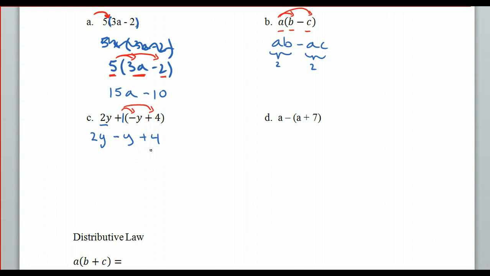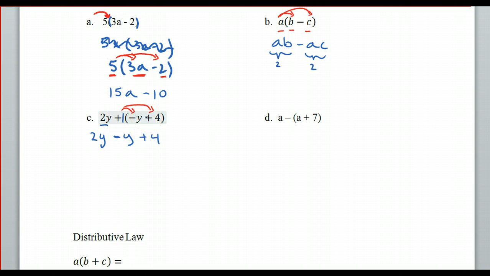Okay, so the key thing, and most of you already know, when you have a positive and a negative next to each other, you're going to end up with a negative. So nothing really changed in this question. I just rewrote that negative y and the plus 4 without the bracket. Okay, so when you have a plus 1 like that, you can go ahead and just get rid of your brackets, because the 1 is not going to change anything.